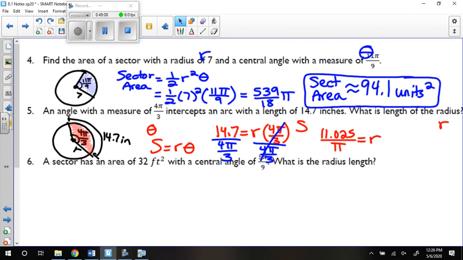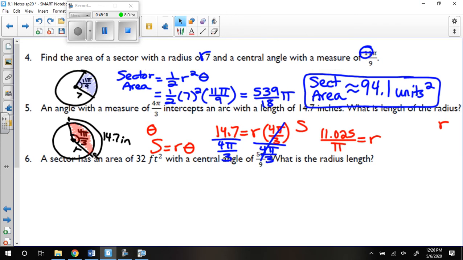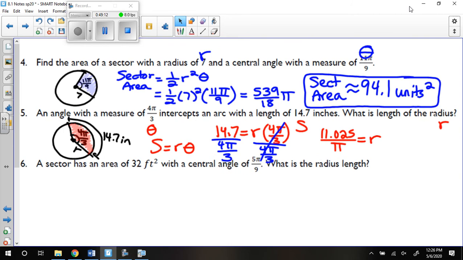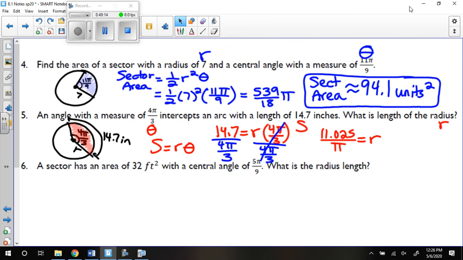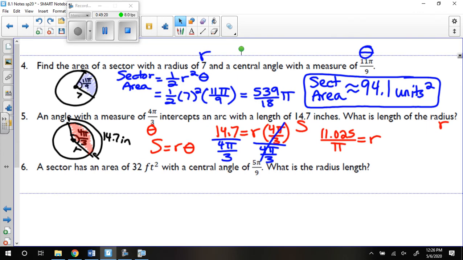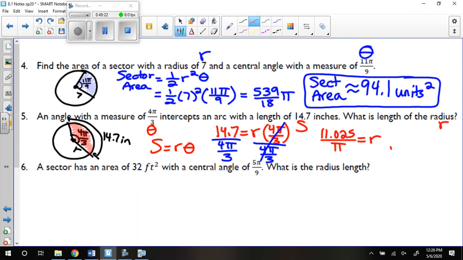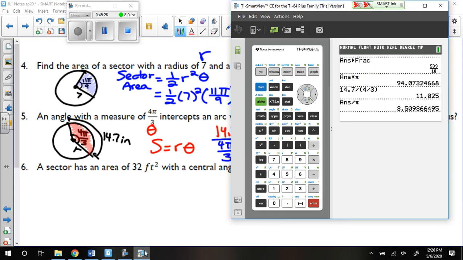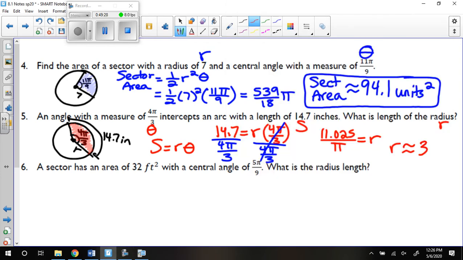Okay, so our radius, approximately 3.5, and our units are inches.